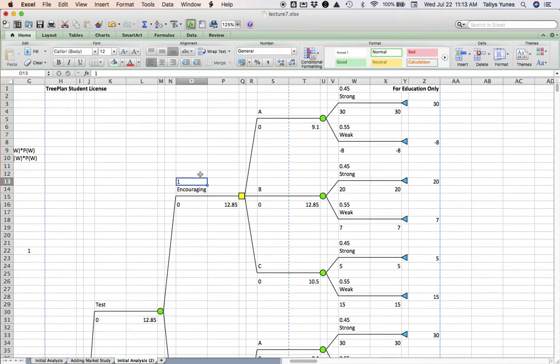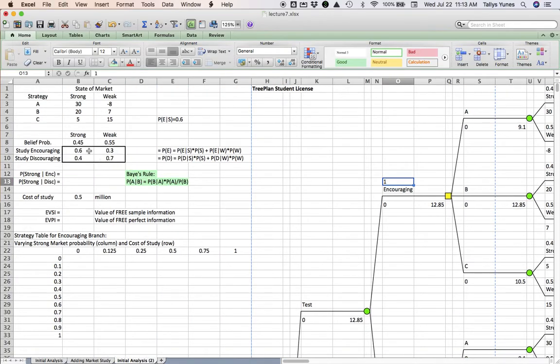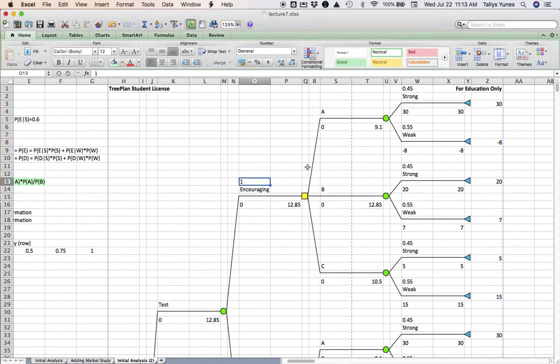And if the test was pointing in the encouraging direction, we know from past history that if I say encouraging, I tend to be correct. So this number here should probably be higher than 45% if I ran a test and it was encouraging me. And this number here should probably be lower than 55.